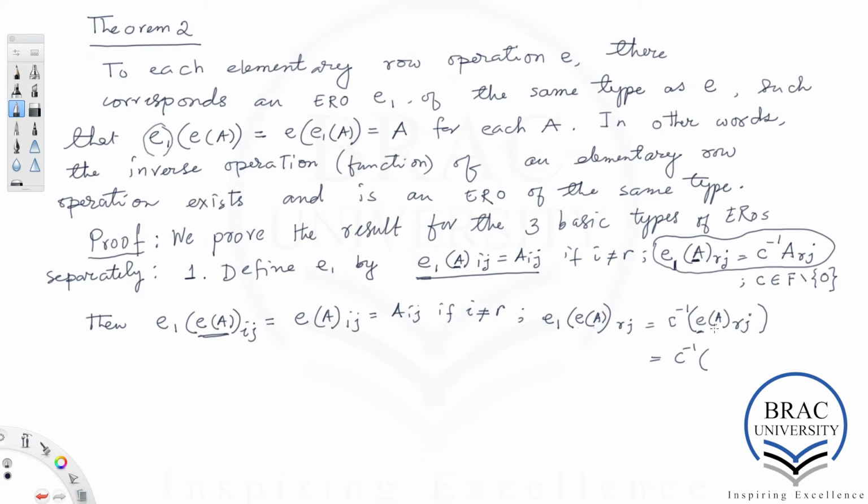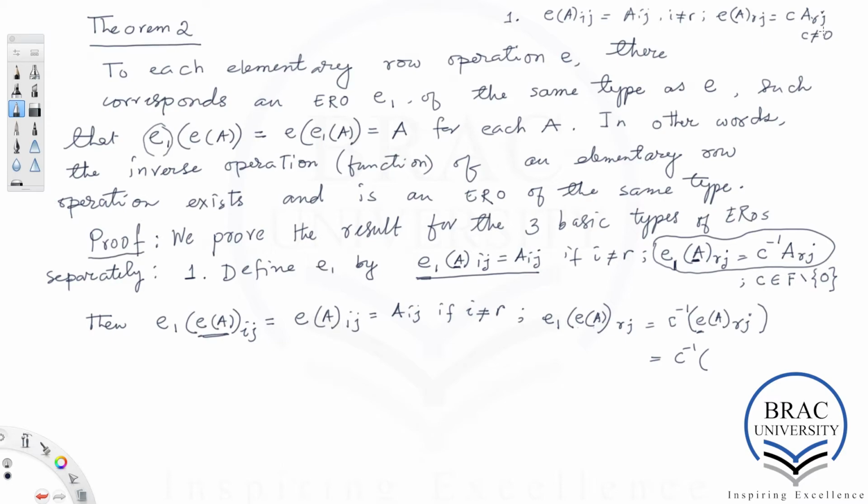I did not write the definition of E, so remember that the first type was E of Aij is equal to Aij, for I not equal to R, and E of Arj was equal to C times Arj, and C was taken to be non-zero.